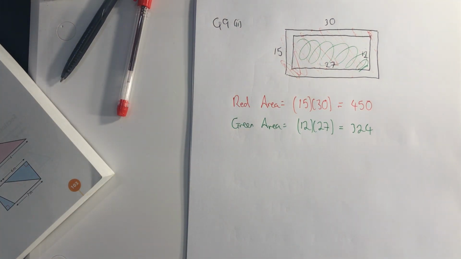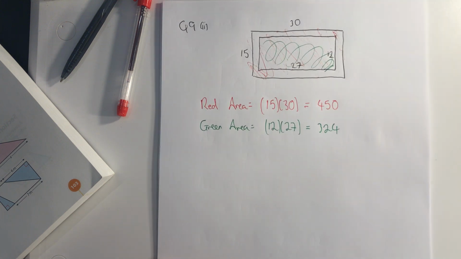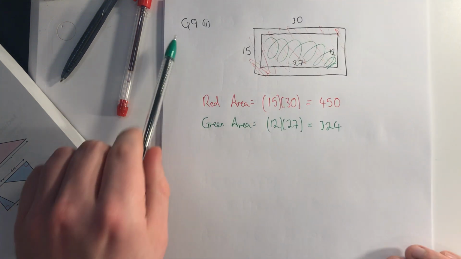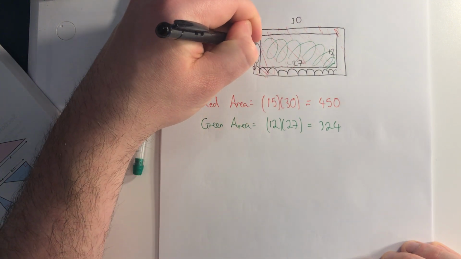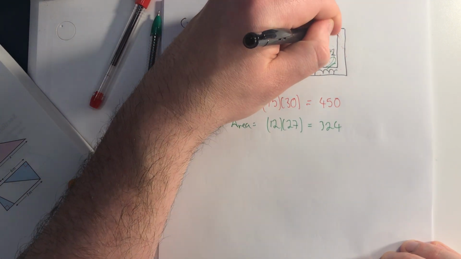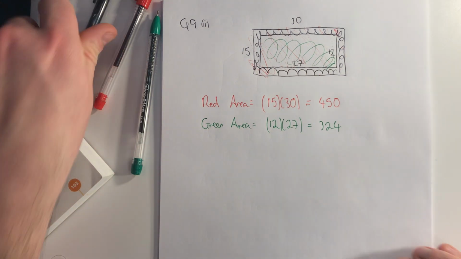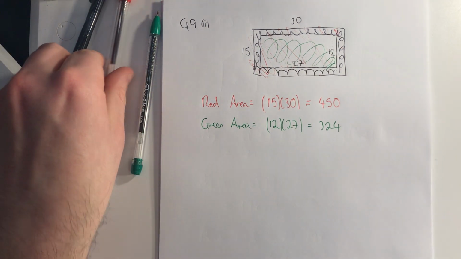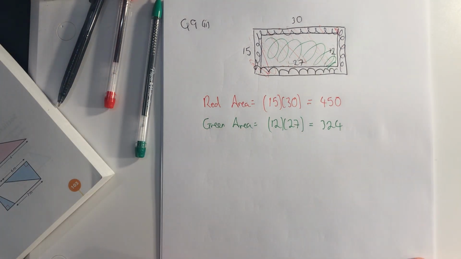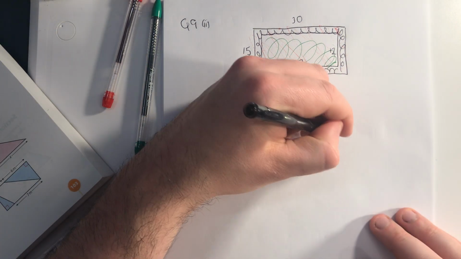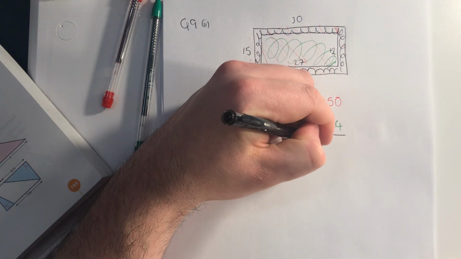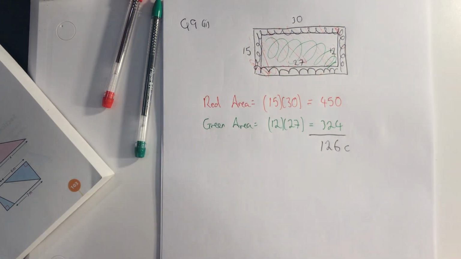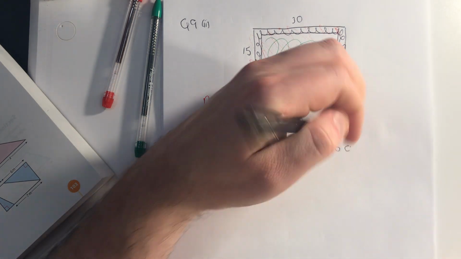The way we can work out just the border around the edge is spotting that when we take away the green area from the red area, the area that's left must be that border area. So immediately we go 450 take away 324, and 450 minus 324 equals 126. 126 centimeters squared again.